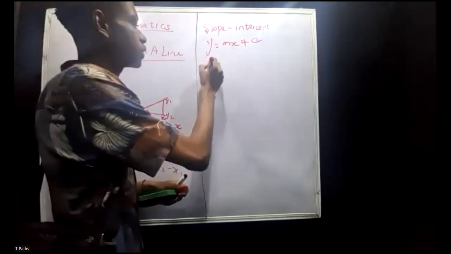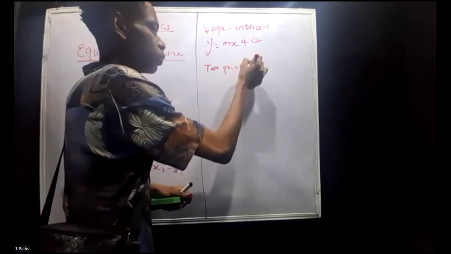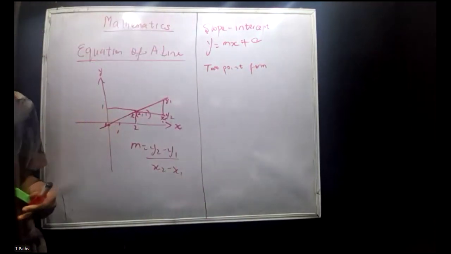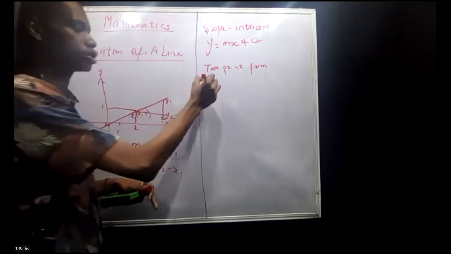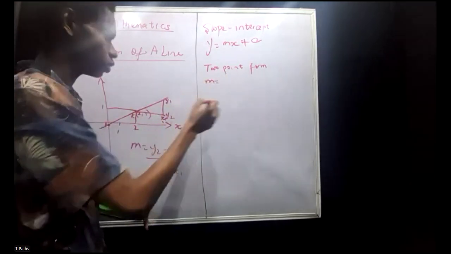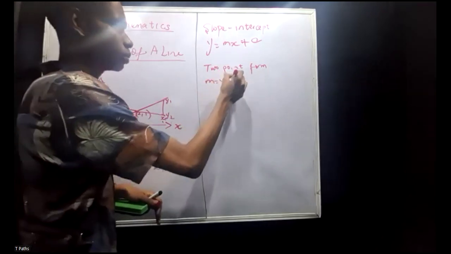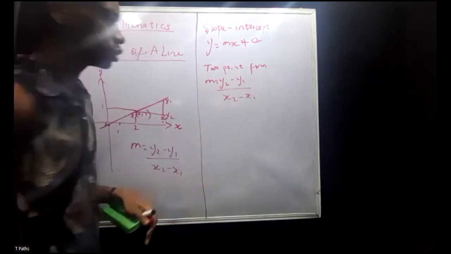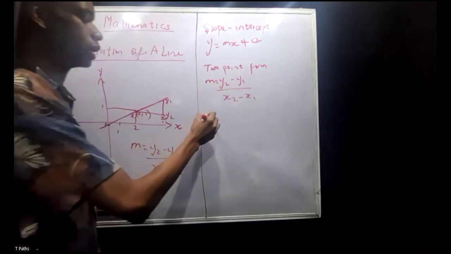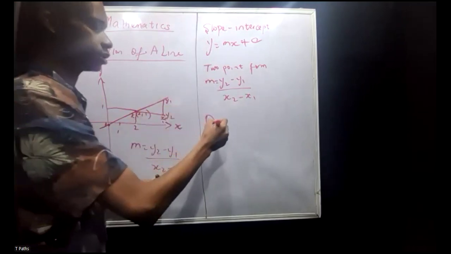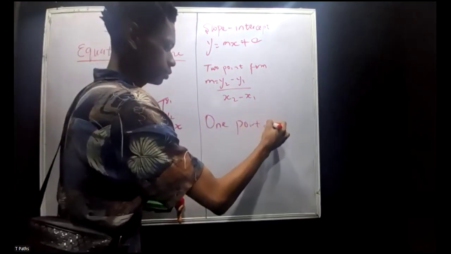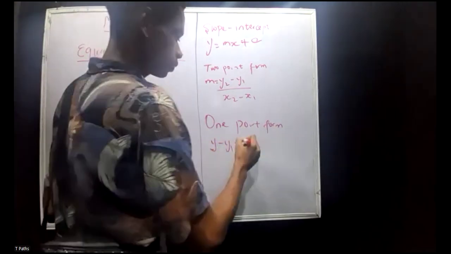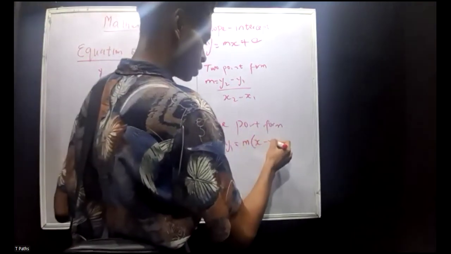Then there is the 2-point form, which I've written down here. The 2-point form simply means we have 2 points on the y and x axis. So we can say m is equal to y2 minus y1 over x2 minus x1. There is also the 1-point form. The 1-point form is y minus y1 is equal to m open brackets x minus x1.